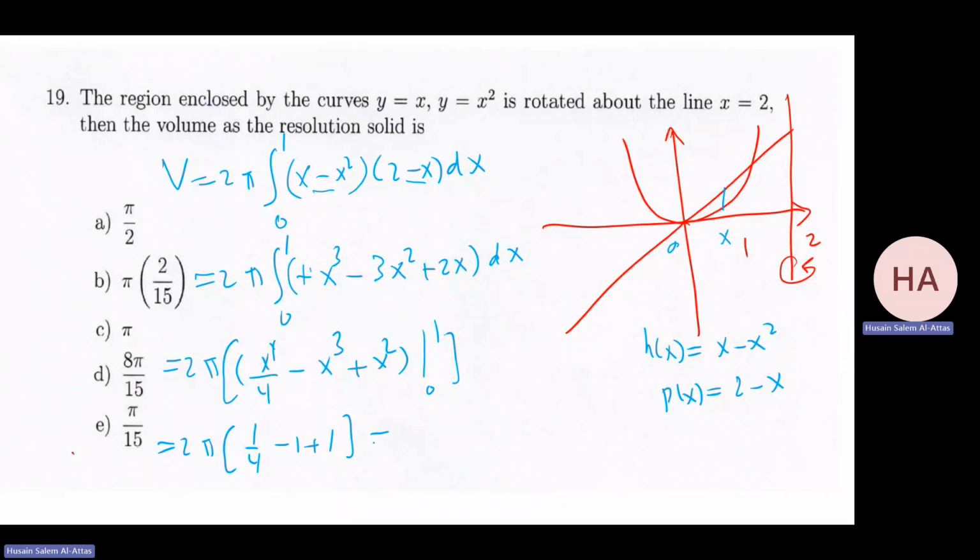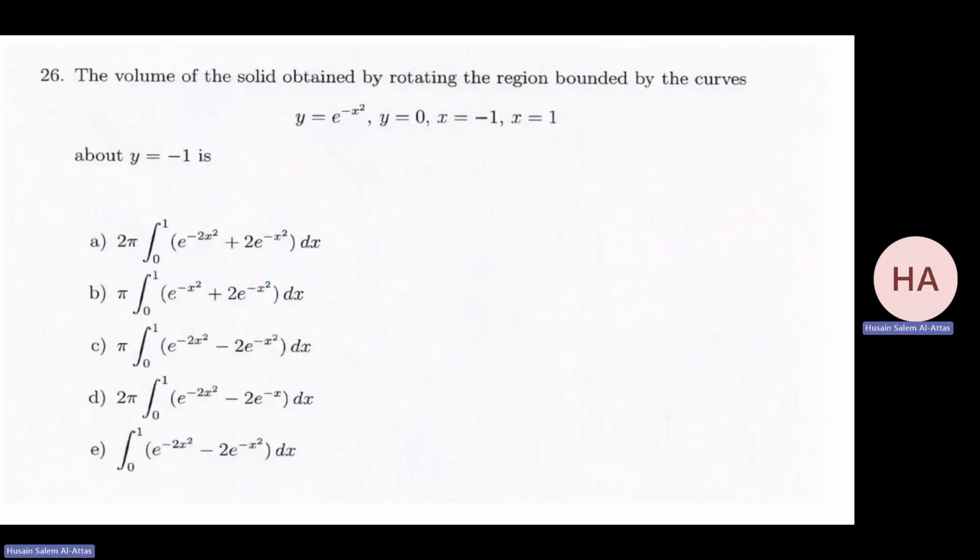So I have y equals e to the power x. No, it's a positive function. Okay, I know how to graph it.